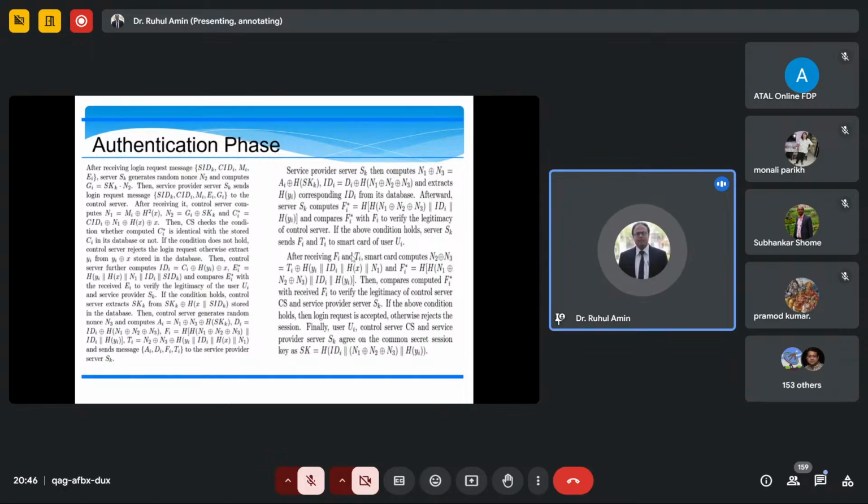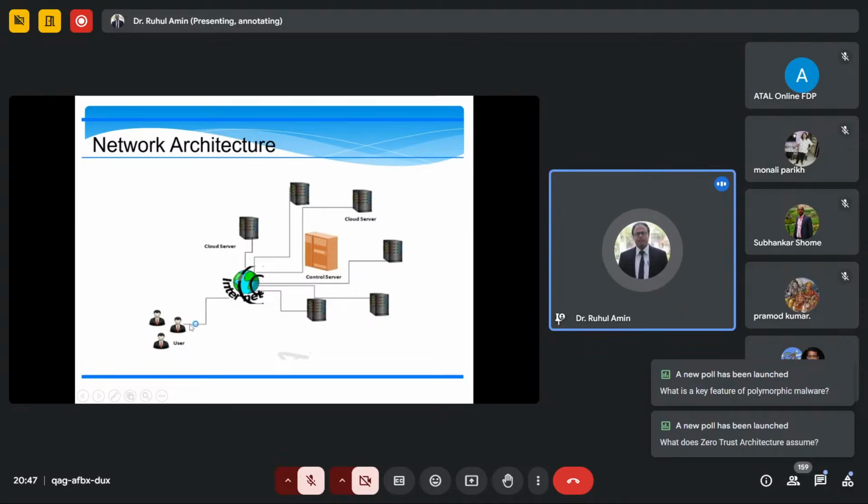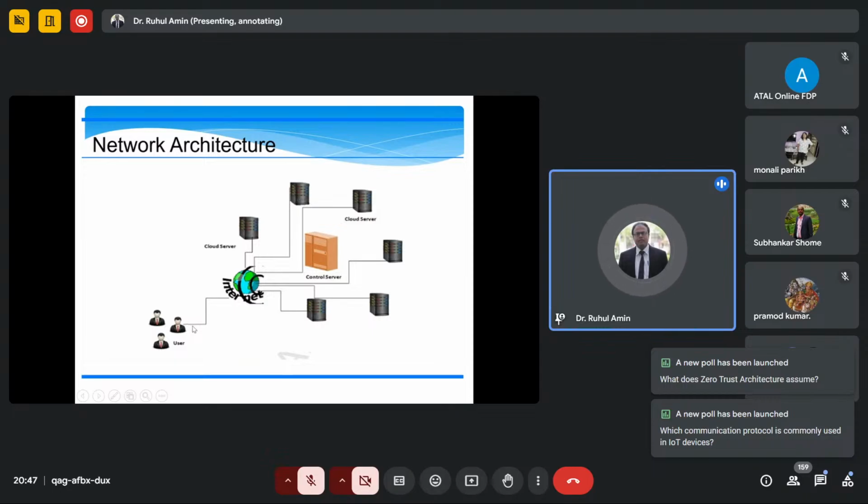Before getting the services, they are generating a key. That key is basically called the SK, and these are the parameters used to compute it. Now consider that the user has a key, for example K1, and the same key K1 is there with the cloud server. If they can perform these steps after authentication, they can use symmetric key cryptography, for example AES or some other symmetric key crypto system.